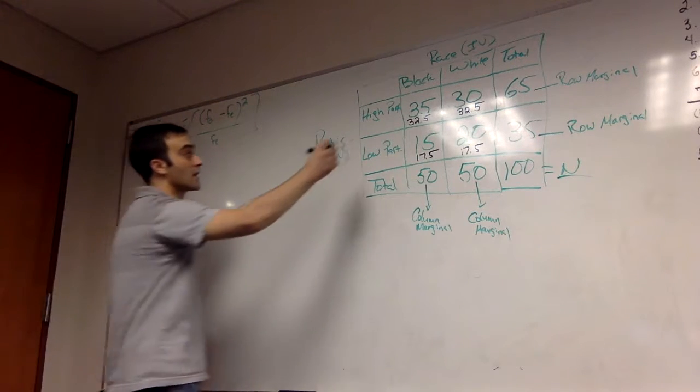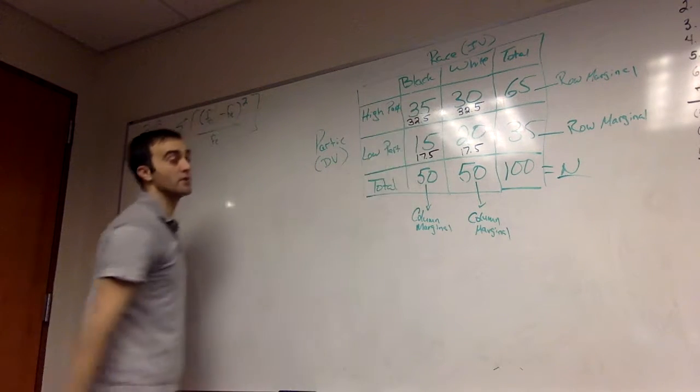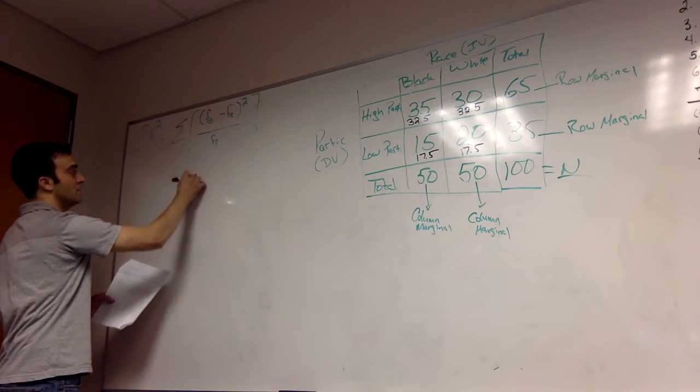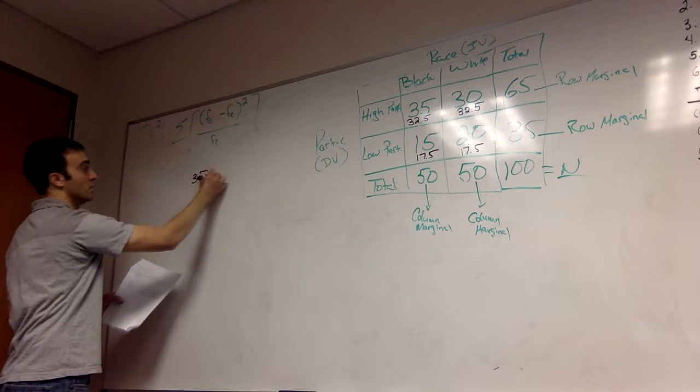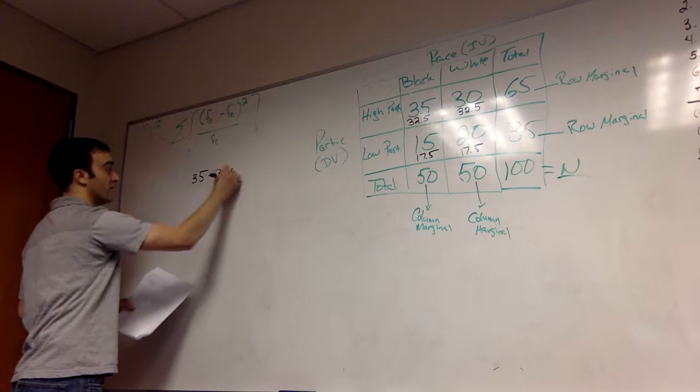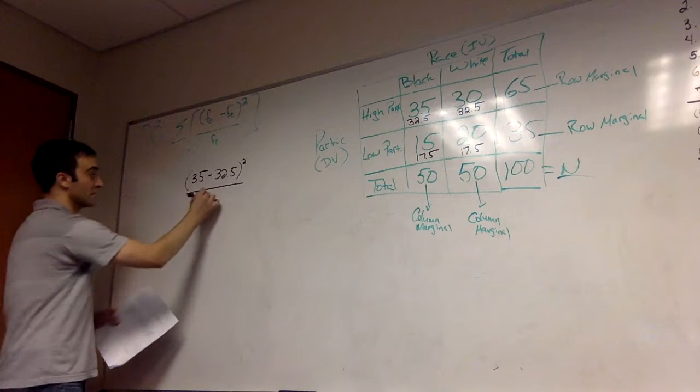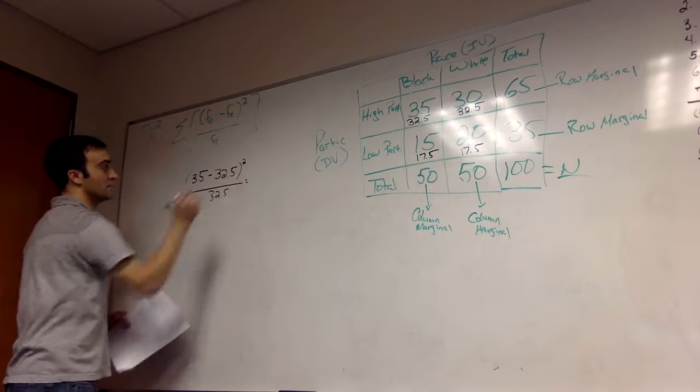So again, going clockwise, starting at the northwest with high participating black, we observed 35. We expected 32.5. We're going to square that difference and divide by our expected of 32.5.